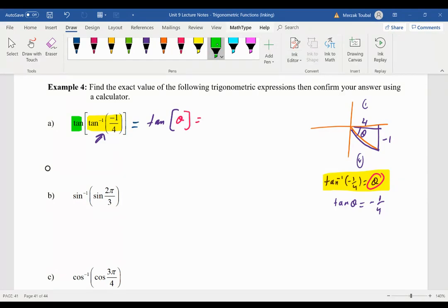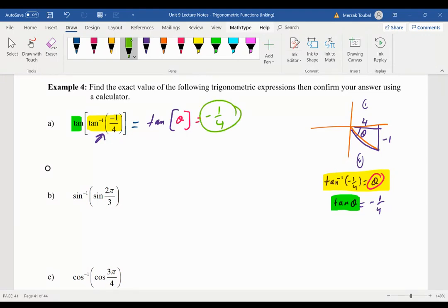It's like we're just turning around the same point. What is tangent of theta? Well, from this triangle, tangent of theta is opposite over adjacent, which is negative 1 over 4. So the answer is negative 1 over 4 for this.